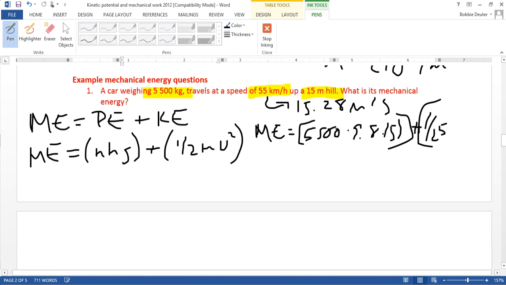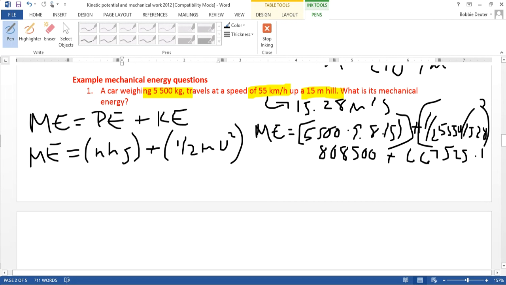Mass again, 1,500. Velocity, 15.28 squared. So we're going to get a potential energy of 808,500 plus kinetic energy 667,525.1 joules.